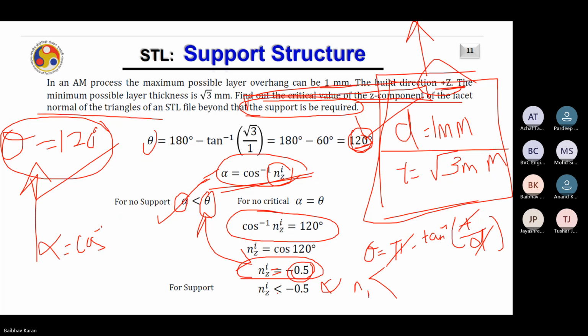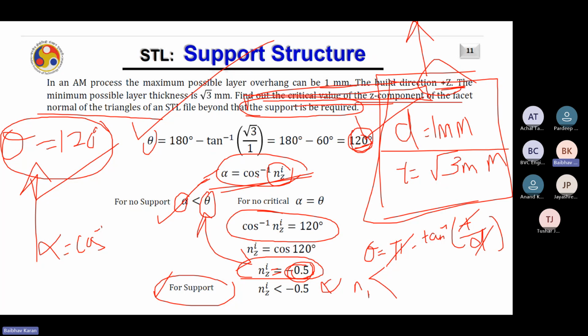But for NZ value less than 0.5, support structure is necessary, but beyond that, support structure is not necessary. This is the critical value. NZ equals minus 0.5 is the critical value of the Z component for which the support structure is necessary.